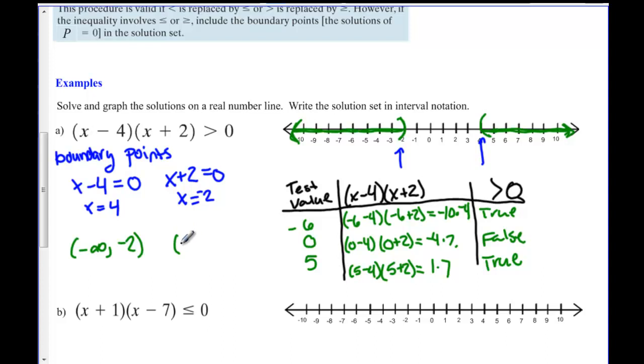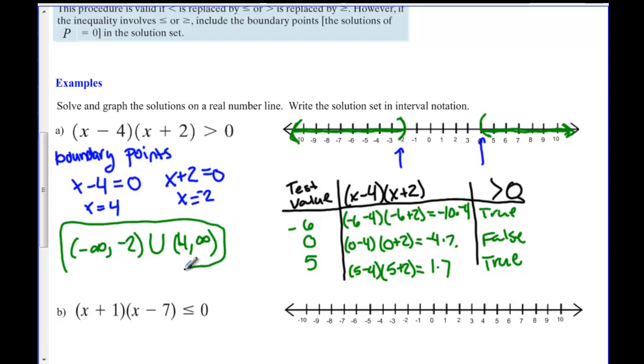Yep, parenthesis 4 to infinity, and then close it. All right. Now, it's both of these things that work. So I'm going to put a big U. Hopefully you guys remember from Unit P, that's your union sign. So the union means that it's both of these will work.